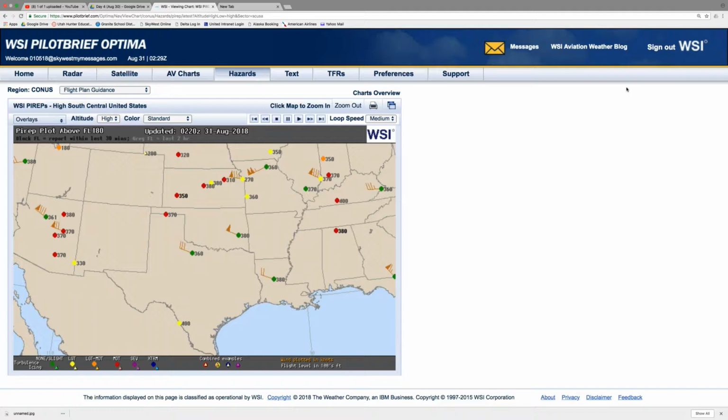It's one of those things like METARs and PIREPs and NOTAMs. You have to look at a lot of them in order for them to make sense. And you'll get it, especially as you start working with them and looking at them every day. It becomes familiar.